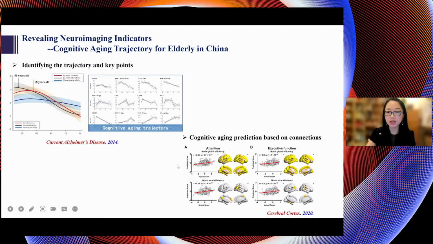This kind of network efficiency is positively correlated with cognitive function, including attention and executive function.